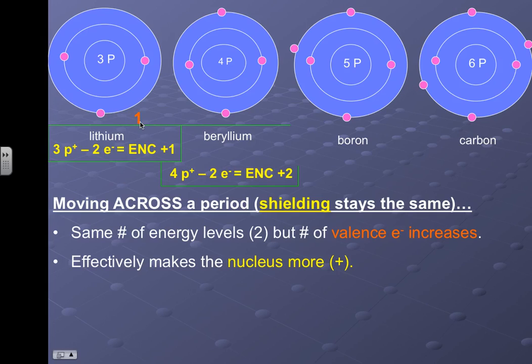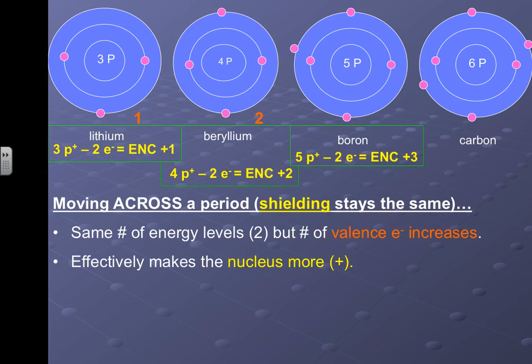And think of it as these numbers go up, the nucleus is getting stronger and stronger. It's pulling harder. So for lithium, the pull is 1, which is strong, but not that strong. Beryllium has a pull of 2. And that's a little stronger, which means that the beryllium's outer electron level will be sucked in a little bit tighter.